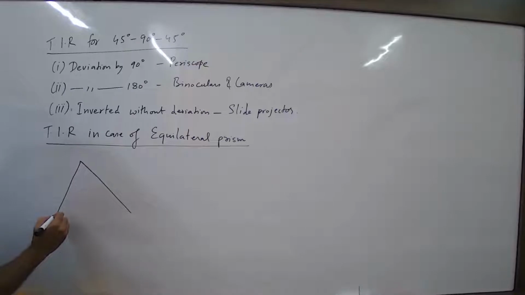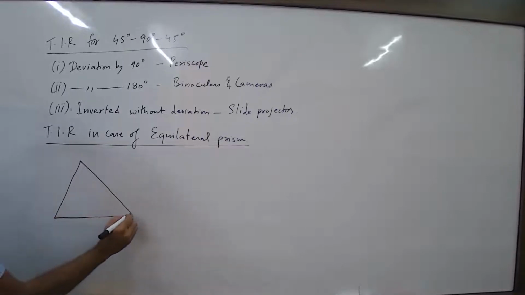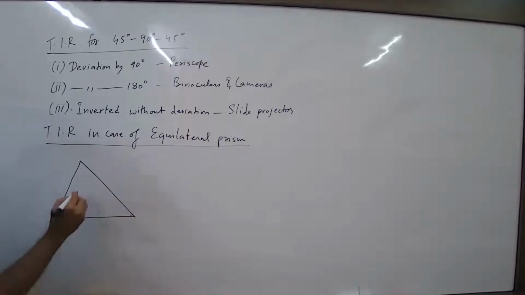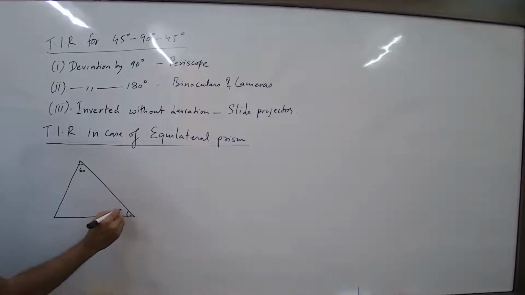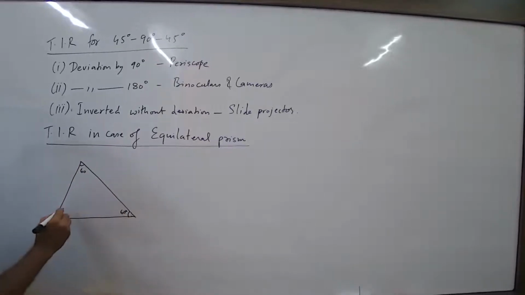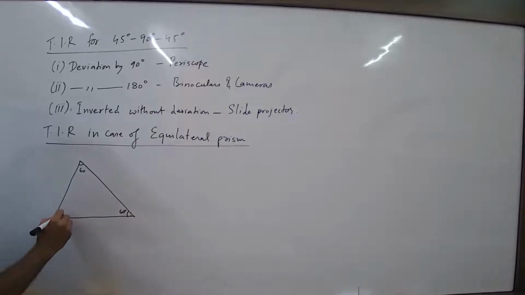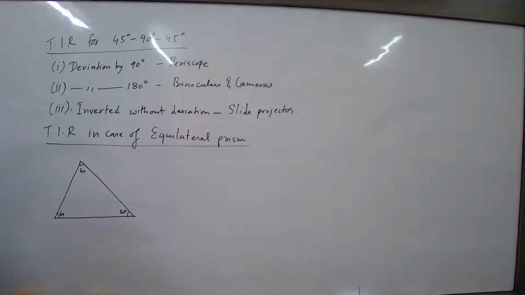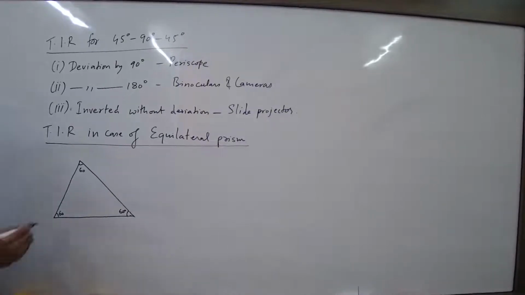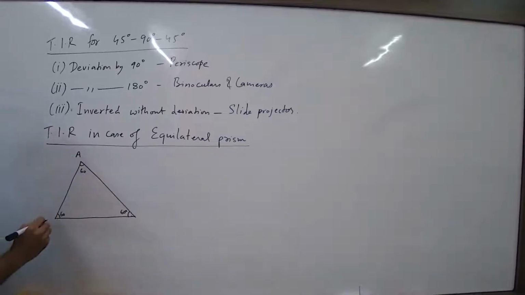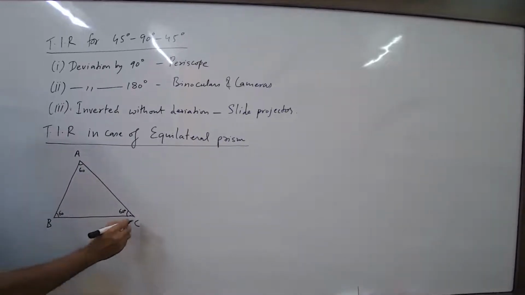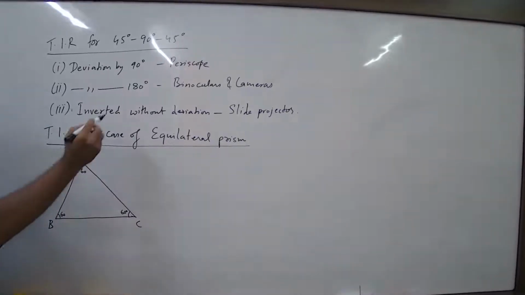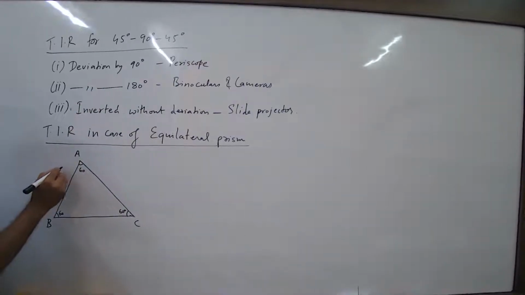That is equilateral. So this is 60 and 60. In this case, let us see what is the angle of deviation, right? So what is the deviation now?